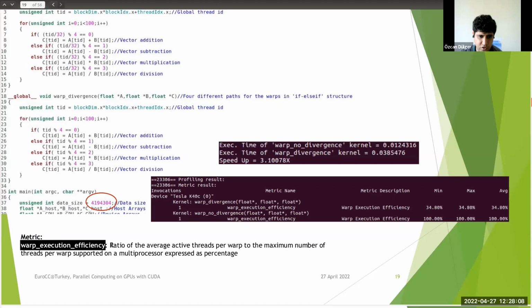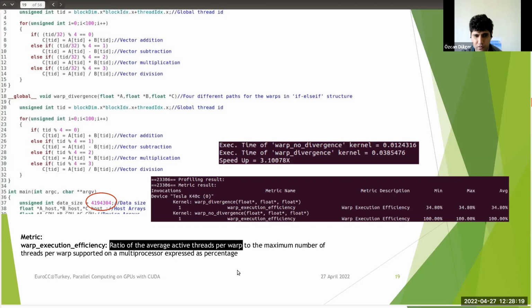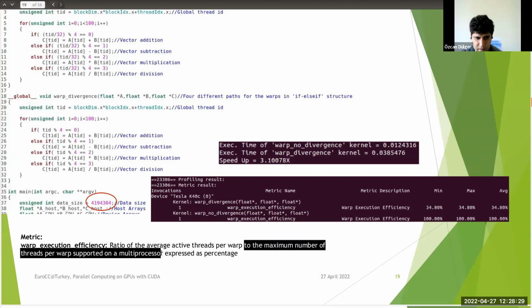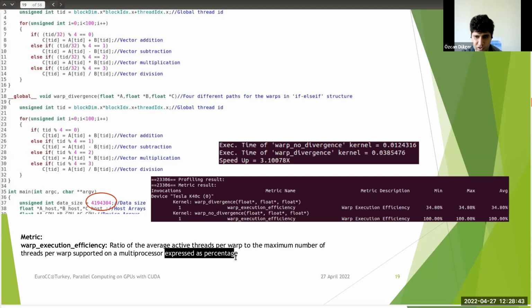It is the ratio of the average active threads per warp to the maximum number of threads per warp supported on a multiprocessor, and it is expressed as a percentage.